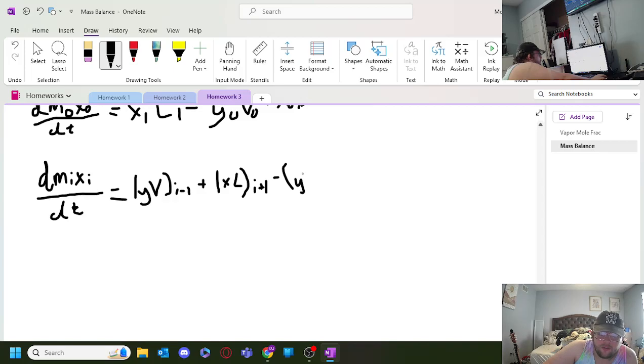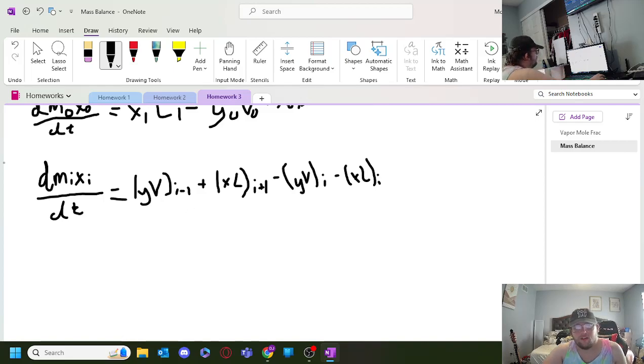So, got our YV at stage I, and then our XL at stage I. And now that gives us our mole fraction there. And then just like how we had to do an addition at the feed stage, we also got to do one here.